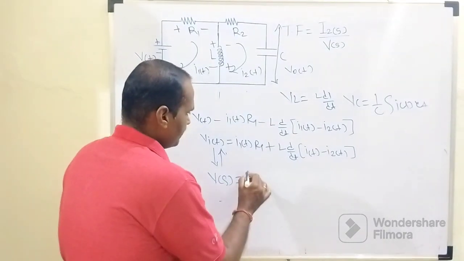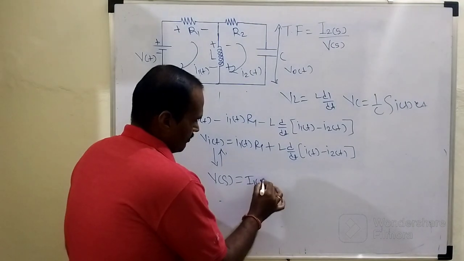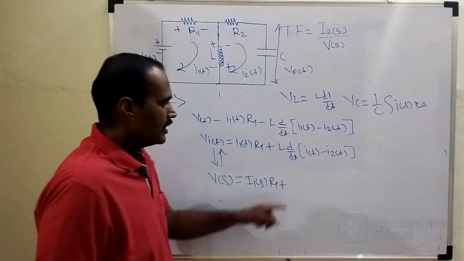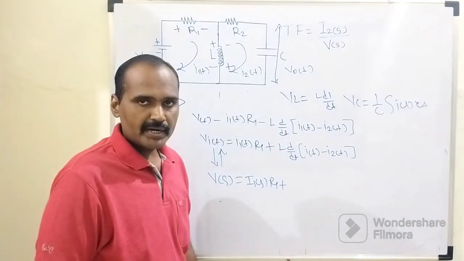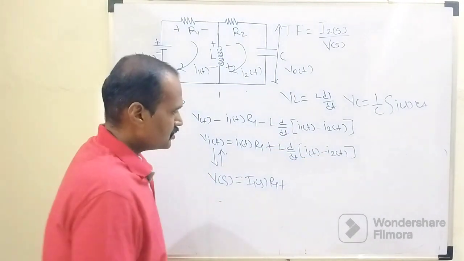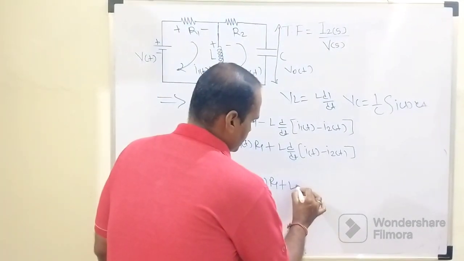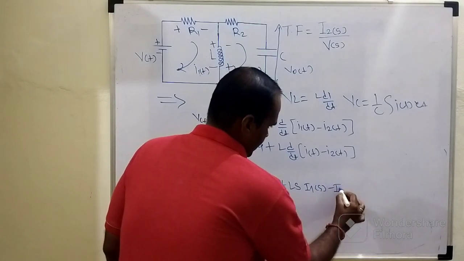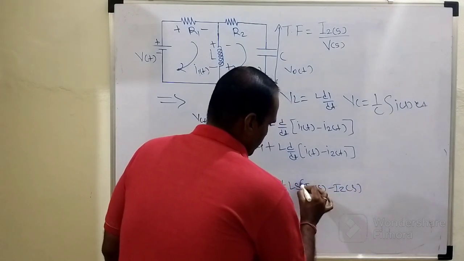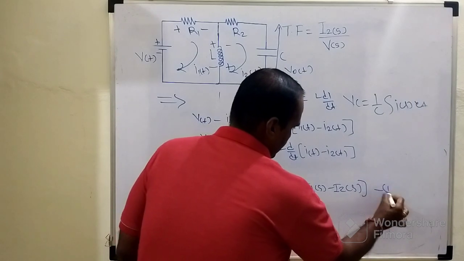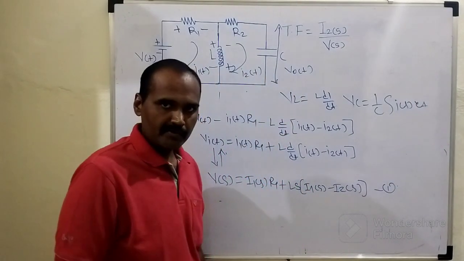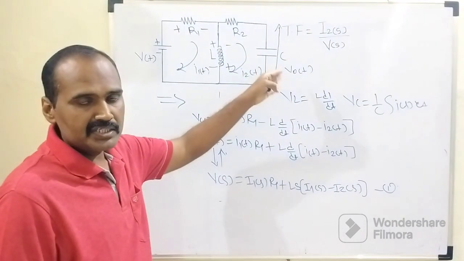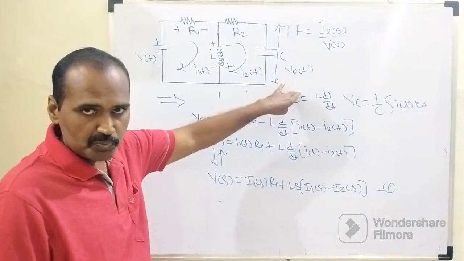As a result, it will become: the Laplace variable will be S, I1 of S followed by R1 plus, as we have the differentiation operator, which is first order differentiation, the Laplace variable will be S. So Ls into I1 of S minus I2 of S, right? This is nothing but equation number 1.